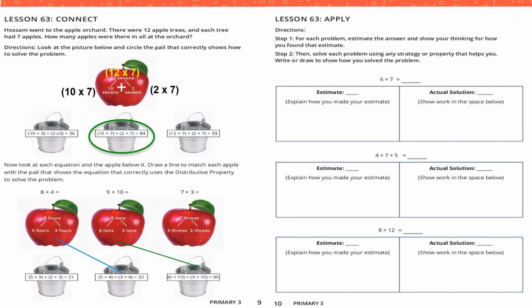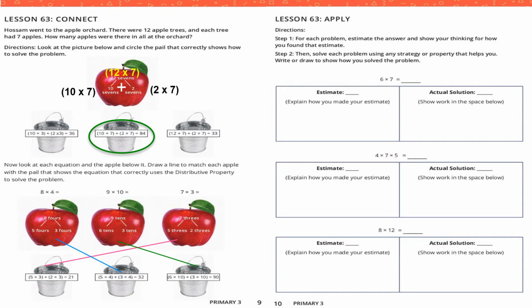Yes, this. The last one, we have 7 times 3. It means 7 threes. He distributed 7 threes into 5 threes and 2 threes. So which equation gives me 5 times 3 plus 2 times 3?